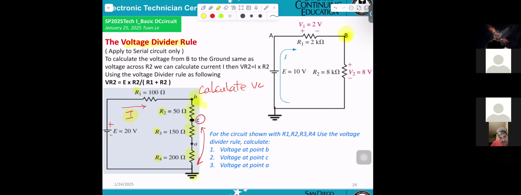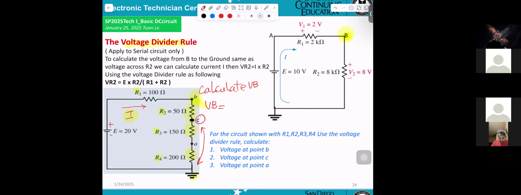So they want us to use the voltage divider. I'll show you. You can use this formula for VB.